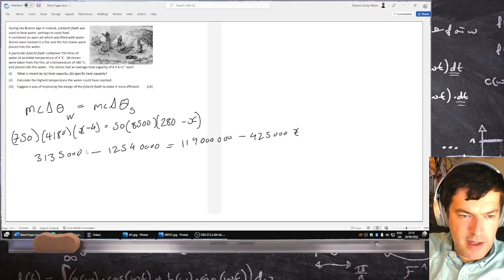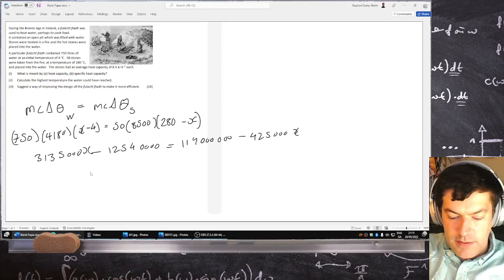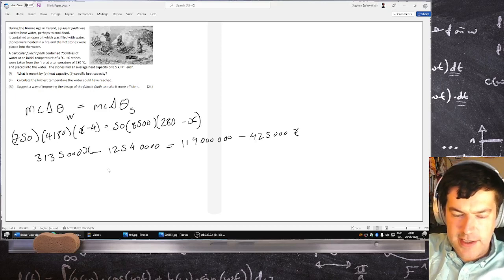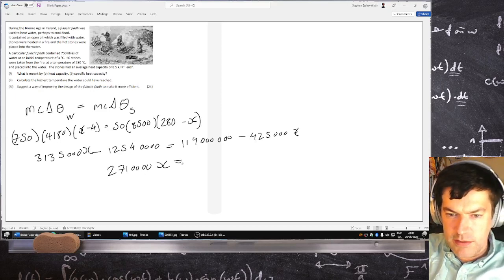I'm sorry, I left out an x here. So let's see, 3135000 minus 425000. So taking the x's to the left, 2710000x equals 1190000 plus 12540000, which is 131540000.